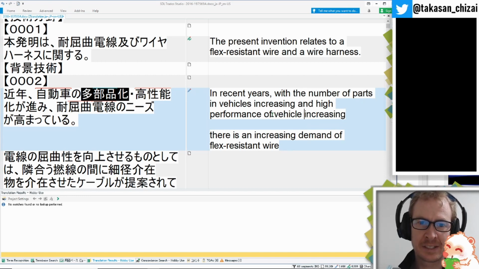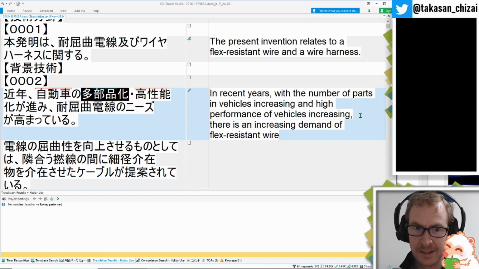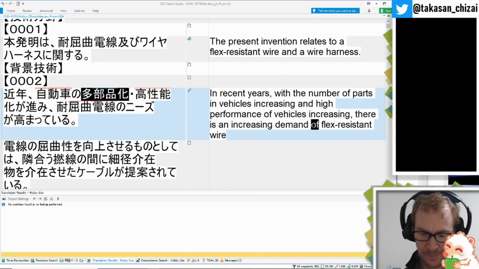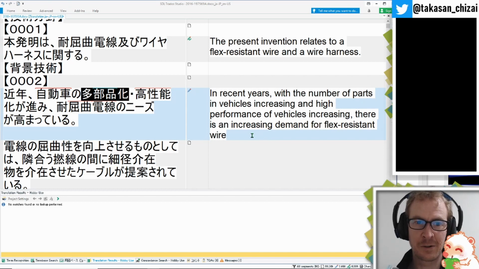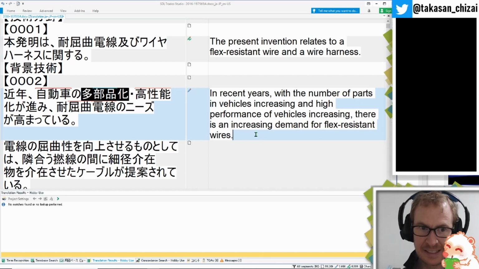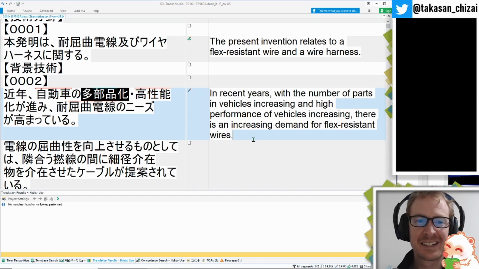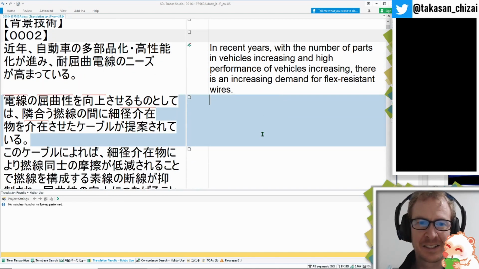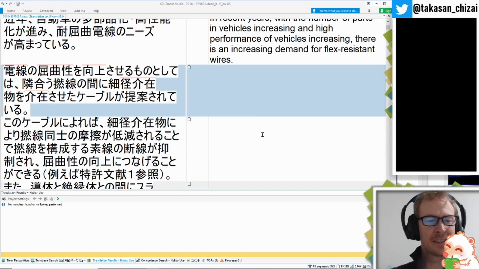Parts and high performance of vehicles increasing. There is an increasing demand for flex resistant wires. So nice and general. We're talking about the general state of the technology field here. Nice. All right. Go to the next one here.